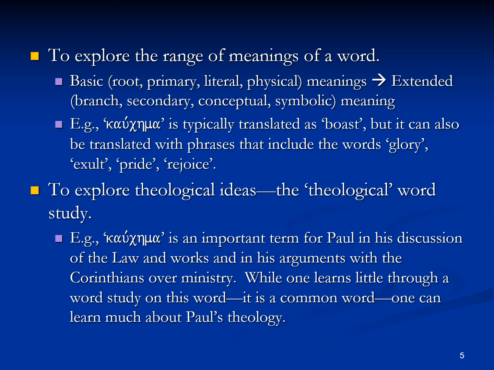Our word kaukema, like in the previous slide, having to do with boast, is typically translated as boast, but it can be some word that shades off into other meanings, as we saw, meanings like glory or exalt or pride or rejoice. And that's sometimes puzzling. We have to think a little while about how we can get from a word like boast in its most basic and most common usage to rejoice.